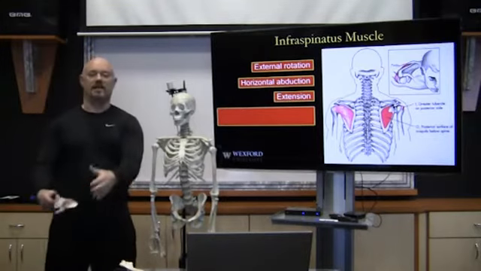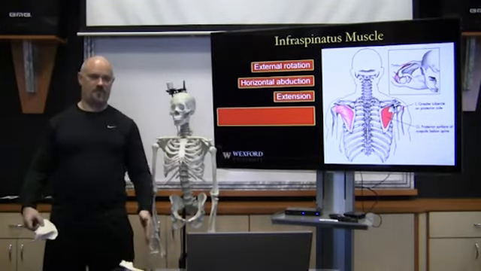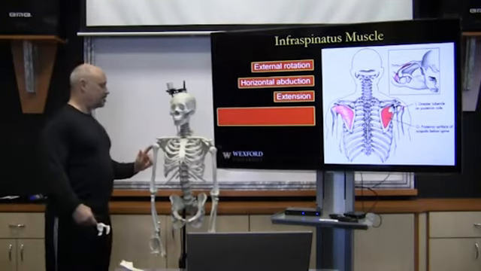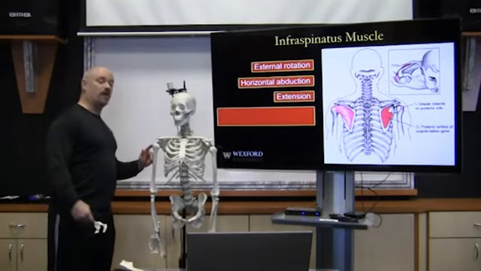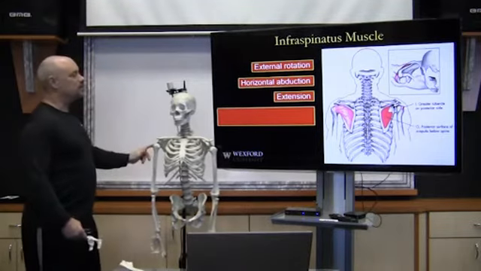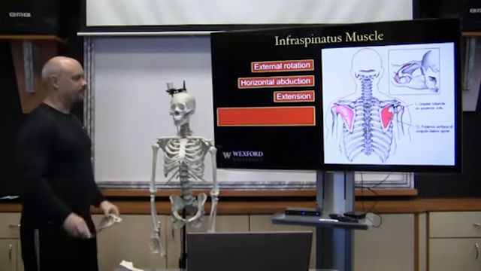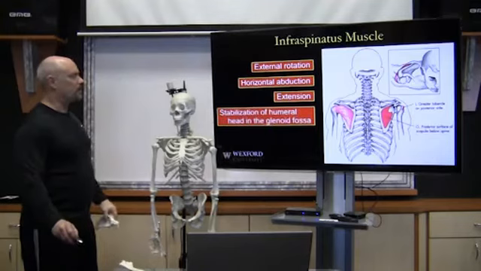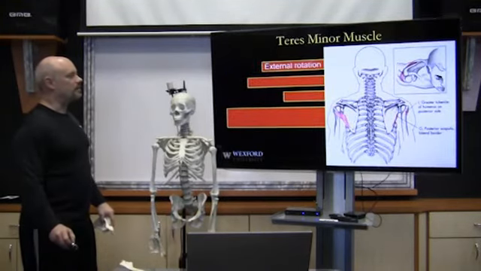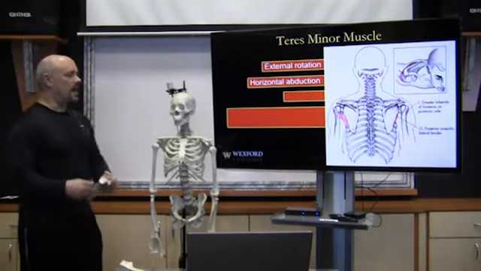It also helps in extension. If you look at where it's at, it's on the back side, the lower part of the greater tubercle, so it helps in extension. Once again, another stabilizer. Teres minor, external rotation, horizontal abduction.